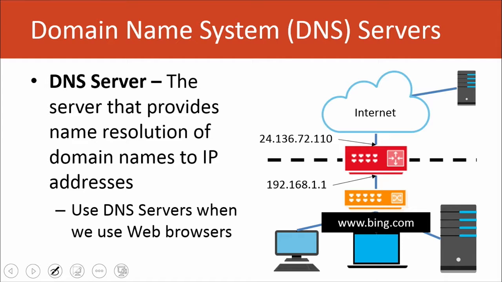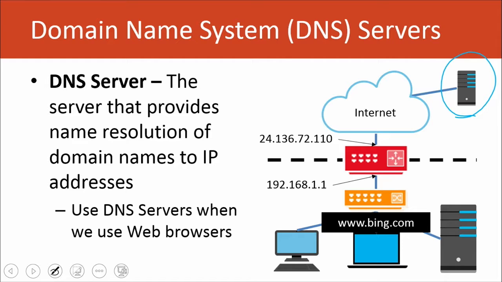Let's talk about the Domain Name System. Let's say we want to go to Bing. So I'm on the laptop and I want to go to www.bing.com. Well, that server that's located over here on the top right has all of the good Bing HTML files and all the other code that we need in order to create the Bing.com web page on our screen.